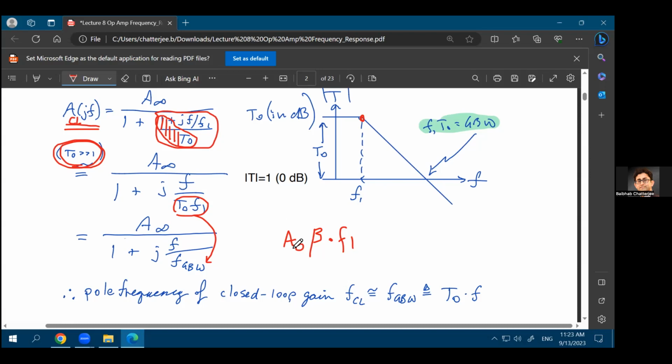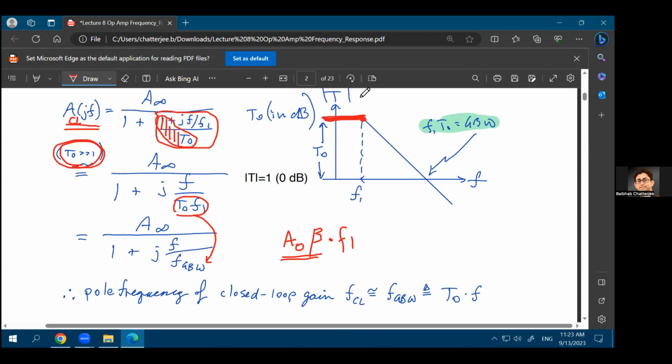And A naught times beta is the gain. It's basically how T naught looks in the closed loop transfer function. So the low frequency open loop gain is T naught, which is equal to A naught times beta. What is the bandwidth? The bandwidth is still f1.